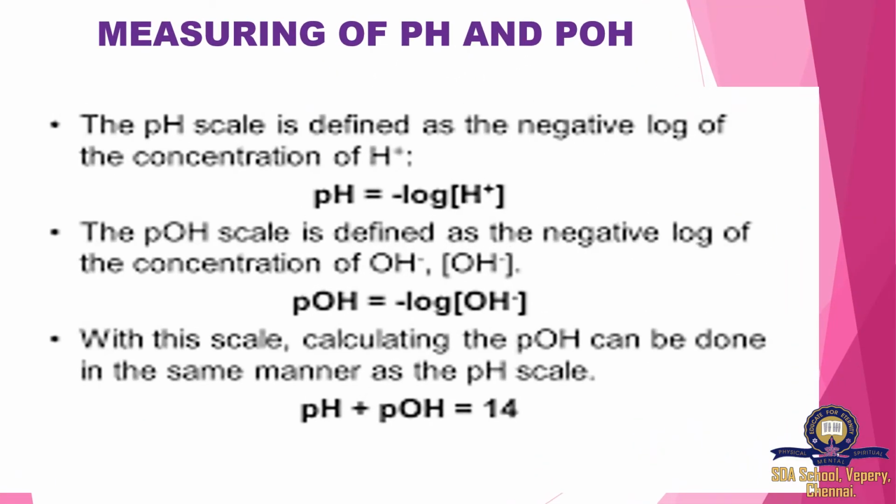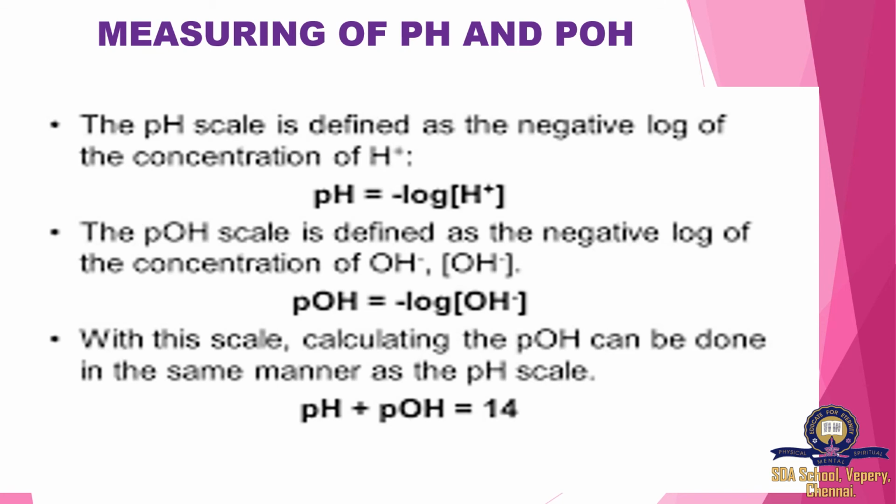Measuring pH and pOH. The pH scale is defined as the negative log of the concentration of H+. First, pH is used to find out the concentration of acid. pH is equal to minus log [H+]. By finding the power of the hydrogen ion, we can find the acidity of the given solution.